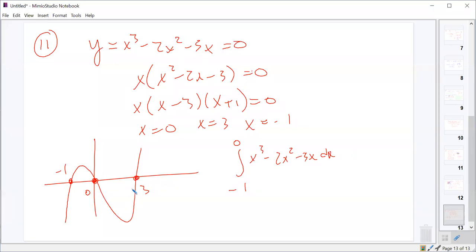And then this one should come out to be negative. So we have to take the opposite of it. So instead of adding the integrals together, we'll subtract the second integral, the integral from 0 to 3 of x cubed minus 2x squared minus 3x dx.